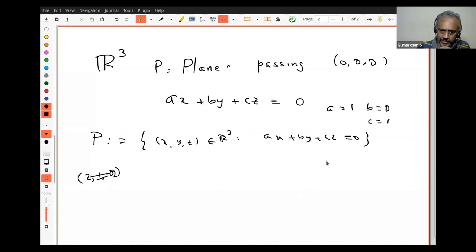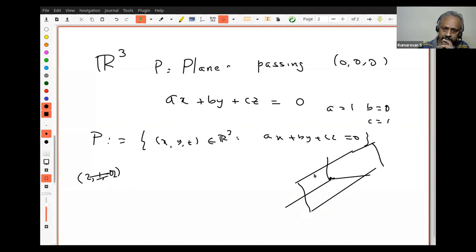And I'm not very good at drawing pictures, but let me try my hand. Okay, this is a picture. This is the plane. This is the XYZ axis. This is a plane which passes through the origin.